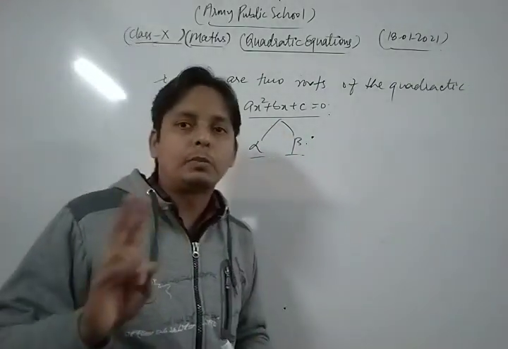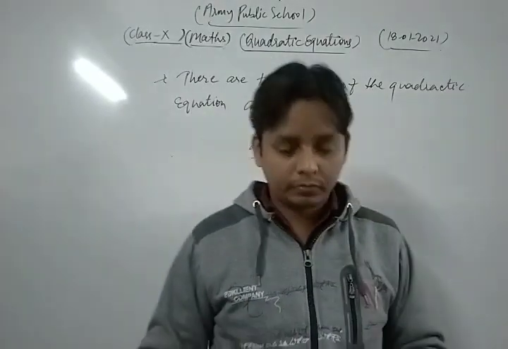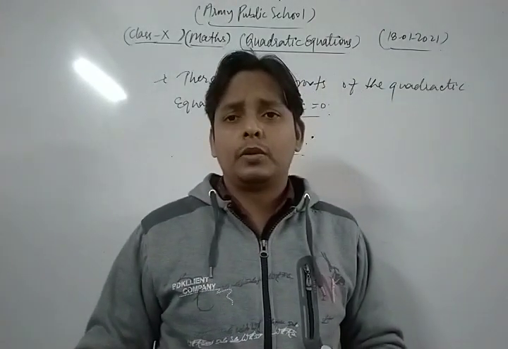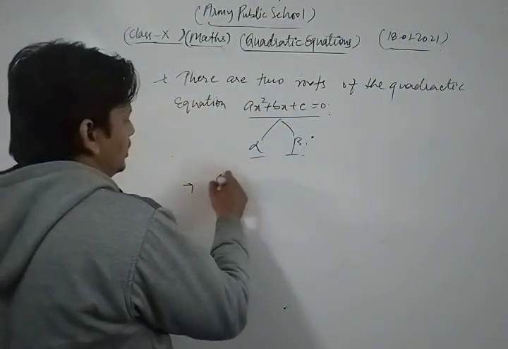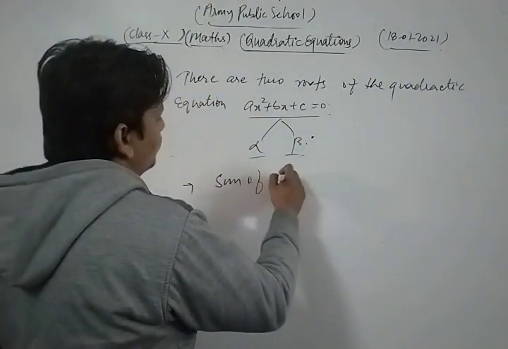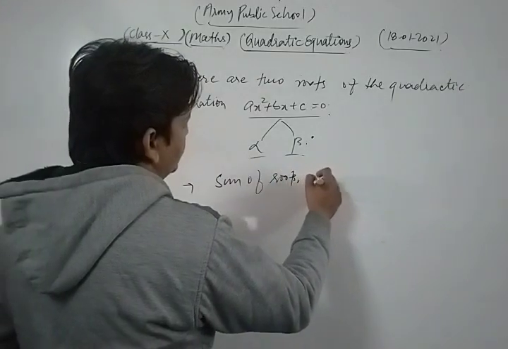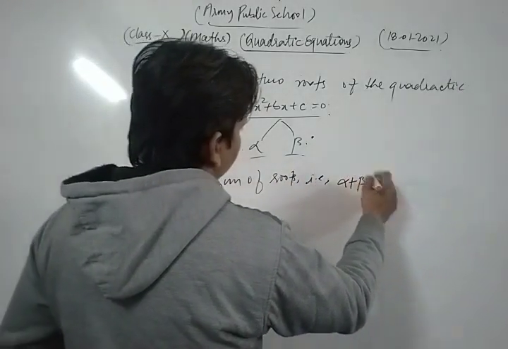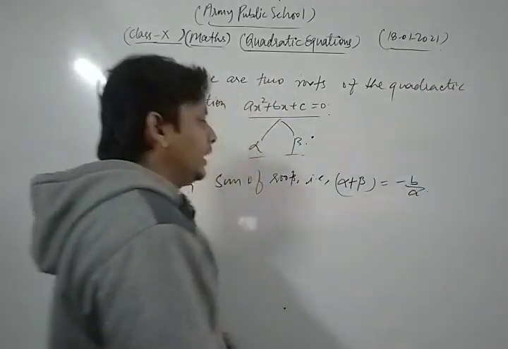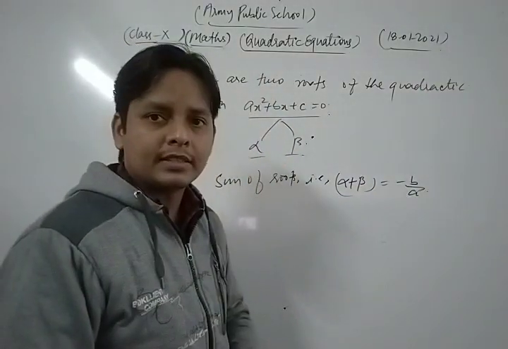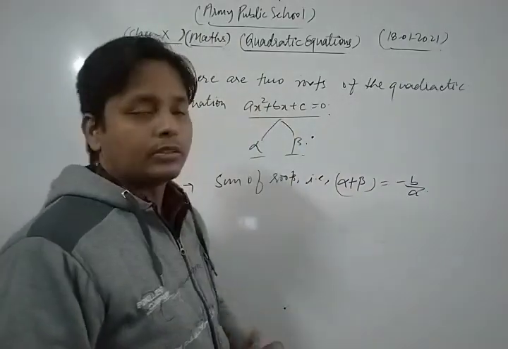Okay, and there are two important formulas related to roots and coefficients. The sum of roots, that is alpha plus beta, is equal to minus b upon a. Here b is the coefficient of x and a is the coefficient of x square.